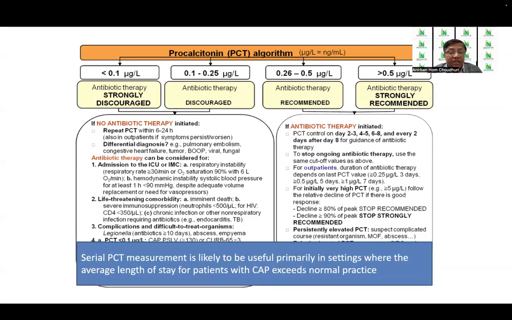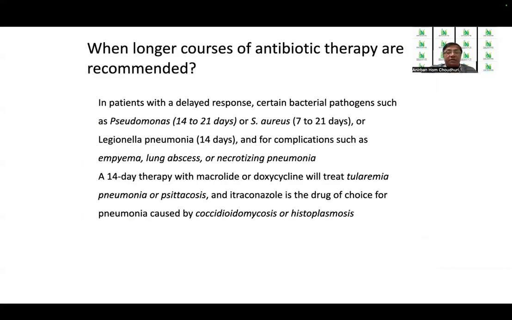Serial PCT measurement is likely to be useful primarily in settings where average length of stay for patients with CAP exceeds the normal practice. When it matches the normal practice, then there is probably no need to do serial PCT measurements.